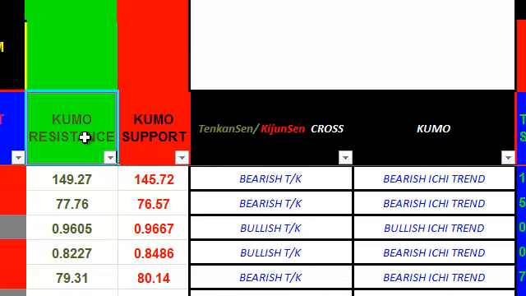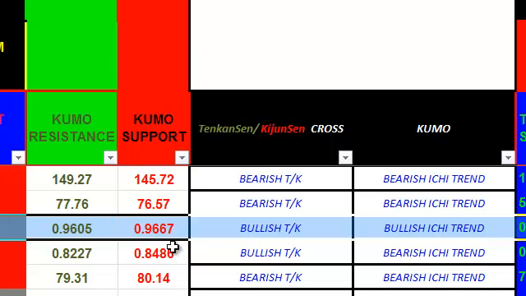One thing to note with the Kumo cloud is this. On your support and resistance lines, sometimes we have what is called bearish clouds or bullish clouds. It really doesn't matter, but let me just explain it to you because I'm sure you'll get confused. You may see, like in the case of the Canadian dollar, the Kumo support price is higher than the Kumo resistance price.